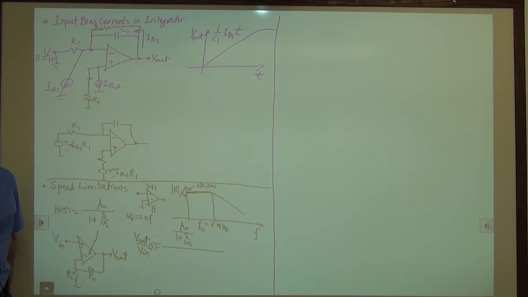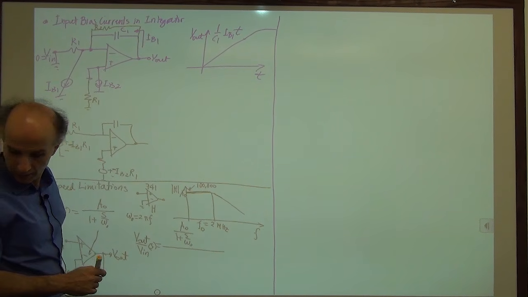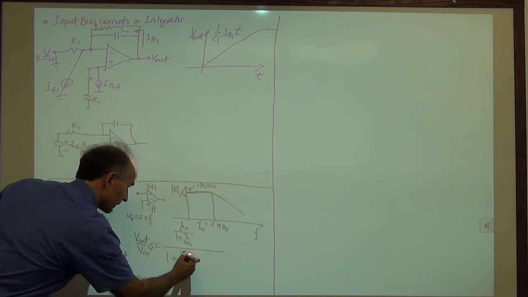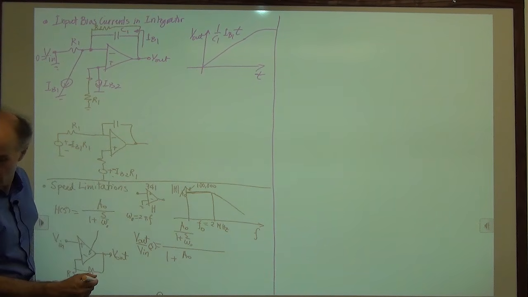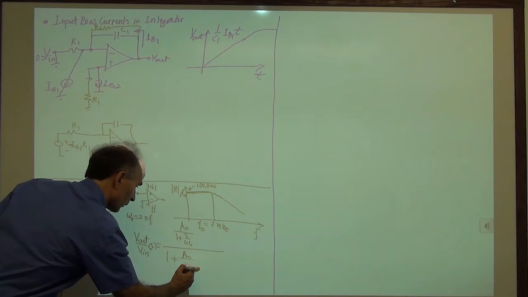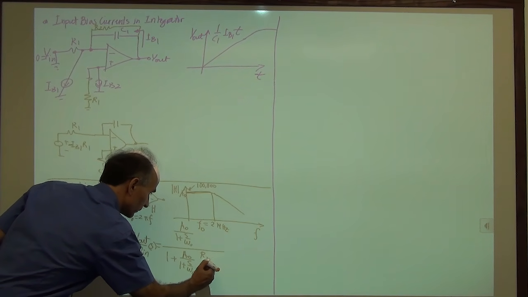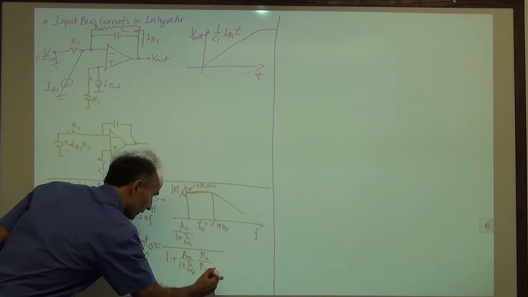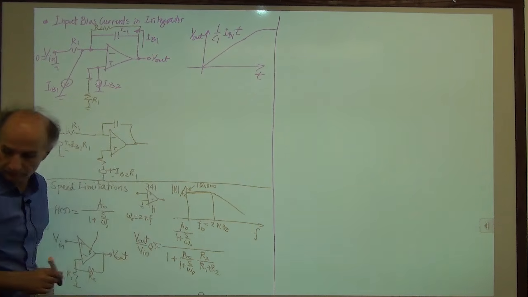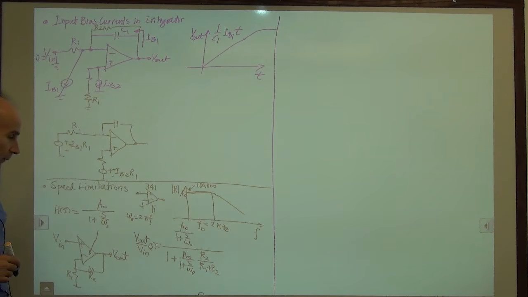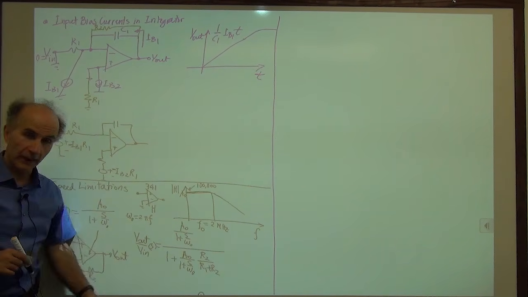And then we have 1 plus A0 over 1 plus S over omega 0, R2 over R1 plus R2. So that's what we get when we go back to our equations and make that replacement.